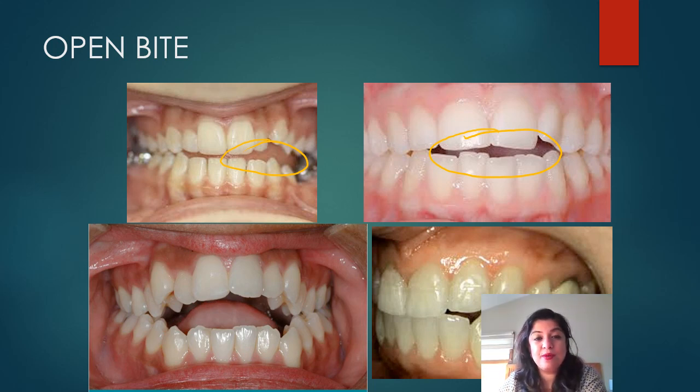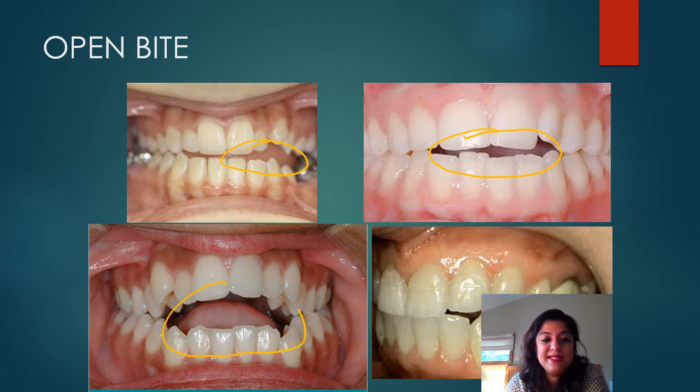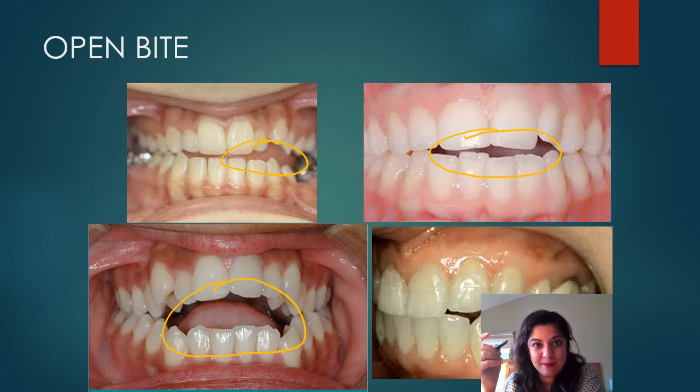Or sometimes there's a problem with the patient's jaw itself, where the upper and lower jaws are not touching each other, like you can see here. This, my friend, is a skeletal open bite. What does that mean? Even if I remove the dental problem, which could be the tongue or the eruption problem, this is not going to close because the jaw itself is open this way.